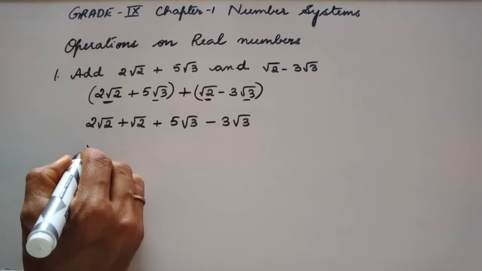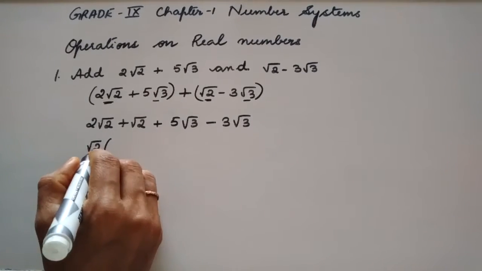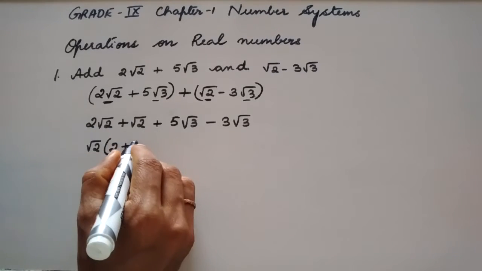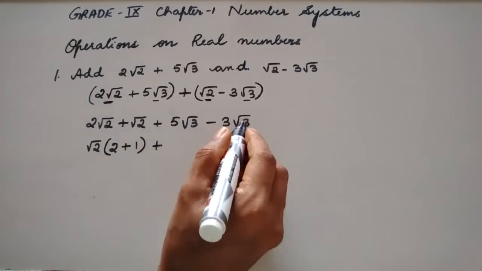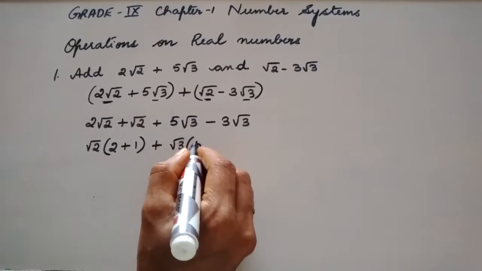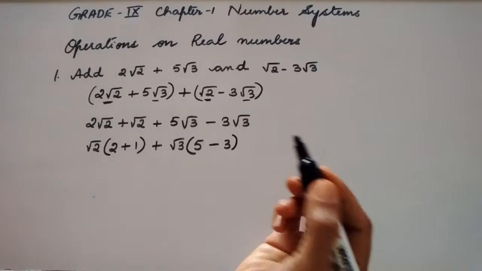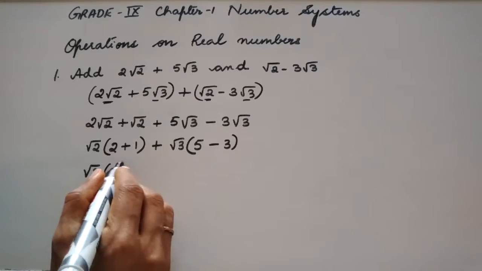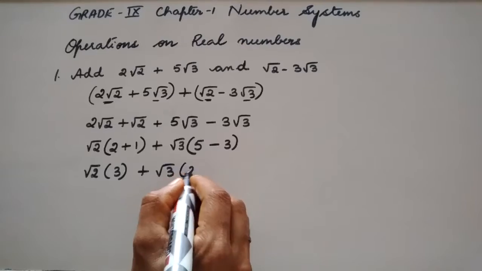So now let us take √2 outside. √2 into 2 is 2√2, plus √2 into 1 is √2. Plus here √3 is common, so let us take it out. √3 into 5 is 5√3, minus √3 into 3 is 3√3. √2 times (2 + 1) is 3, plus √3 times (5 − 3) is 2.